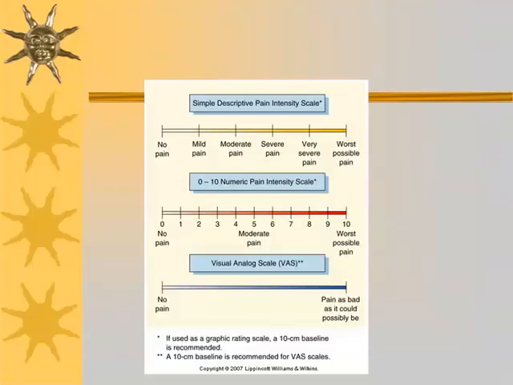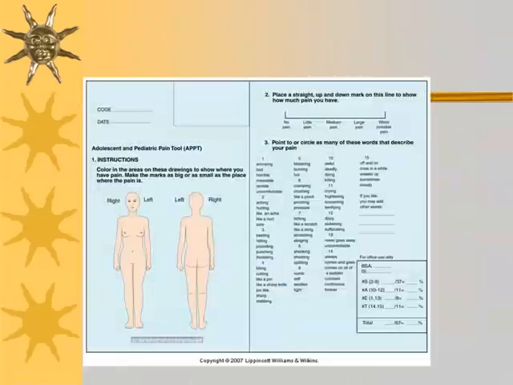Again, based on that same thing of that scale, but we could have them look along the scale as opposed to actually picking a number on that. This is something for an adolescent. Again, you can see giving them some words, and they can go through and describe some of those words that may relate to their pain.